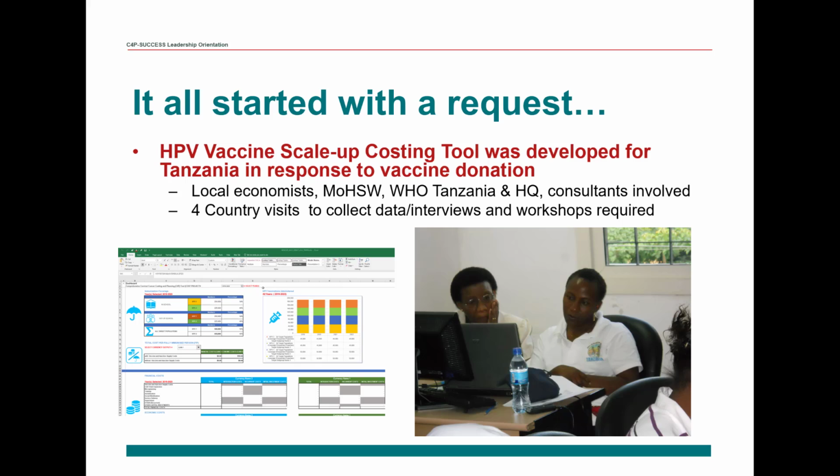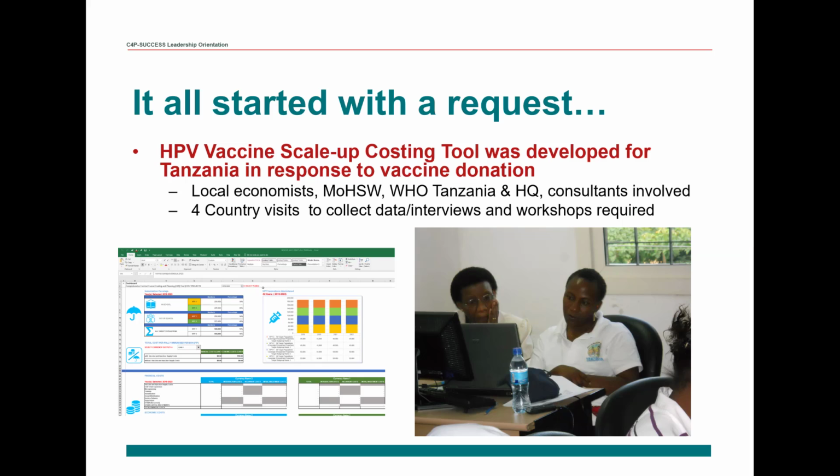And they were, of course, delighted, but both they and WHO wanted to know how much it was going to cost them to accept that vaccine, to store it, to get it out into the field, to train their health workers how to give an injection and how to talk about it, to get communication materials that explained the vaccine, to have social mobilization and sensitization activities, to do planning workshops, and also to supervise and monitor the activities that would be associated with introducing a new vaccine into their country.